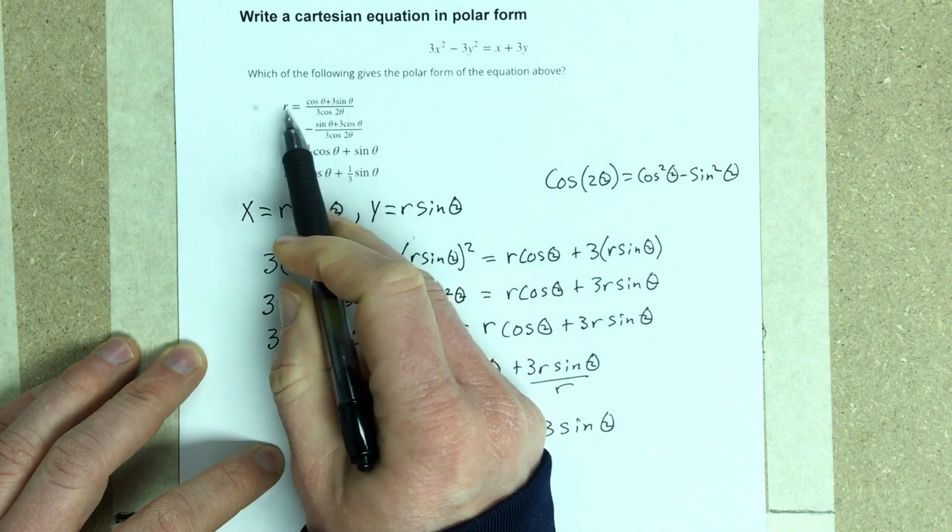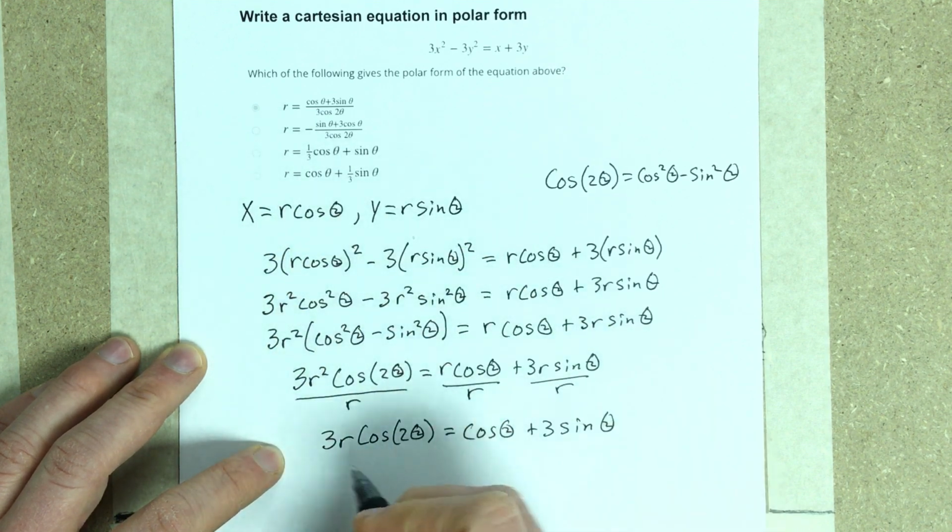And they've solved all these equations for r, so I want to divide here by 3 cosine 2 theta.